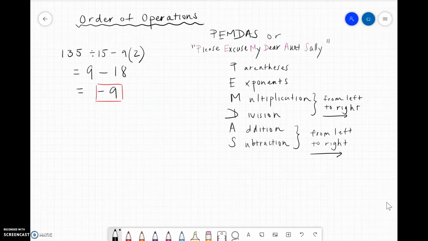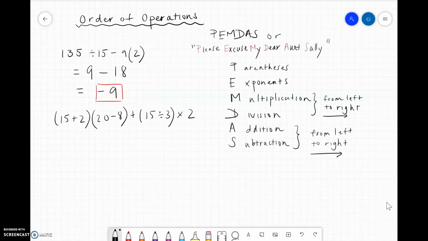Let's do another one. So I have 15 plus 2 in parentheses times 20 minus 8 in parentheses plus 15 divided by 3 in parentheses times 2.